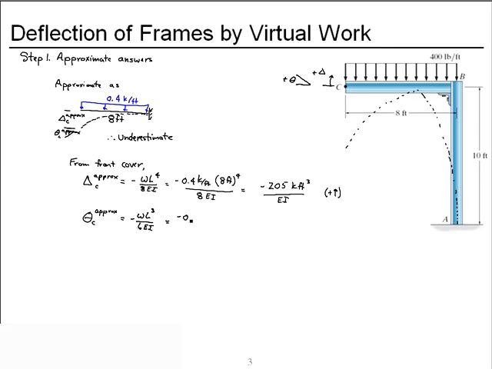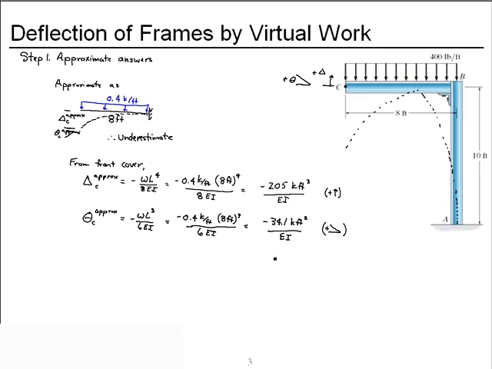So we have a minus 0.4 kips per foot, 8 feet cubed over 6EI, which gives us a negative 34.1 kip-feet squared over EI, and a positive quantity would have been clockwise slope.